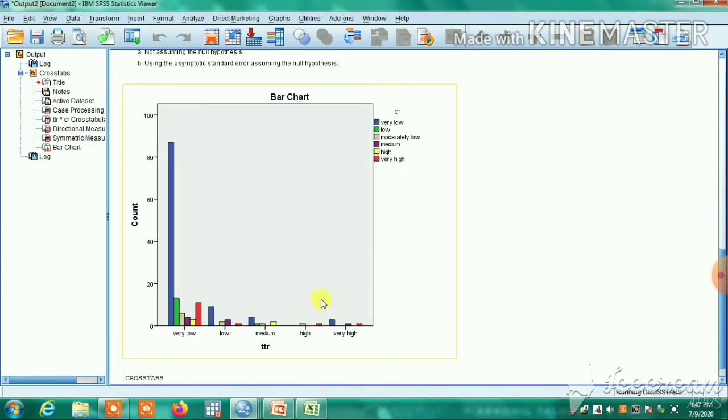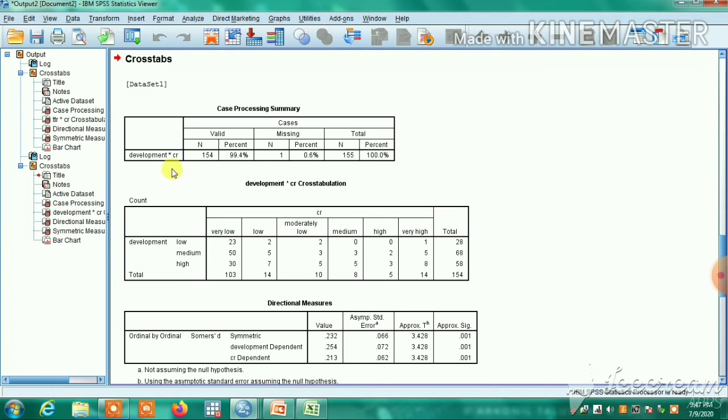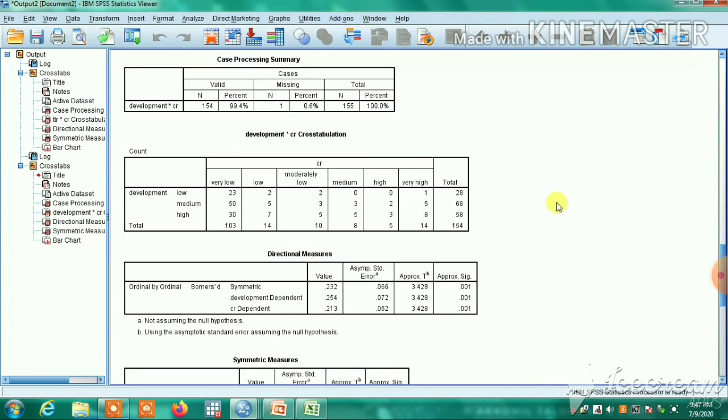Okay, so statistics, same as before, continue. Number of observations is 154, and this provides the data related to COVID cases and the level of development: low, medium, high. 3 rankings are there, and 5 or 6 rankings are there related to COVID cases.